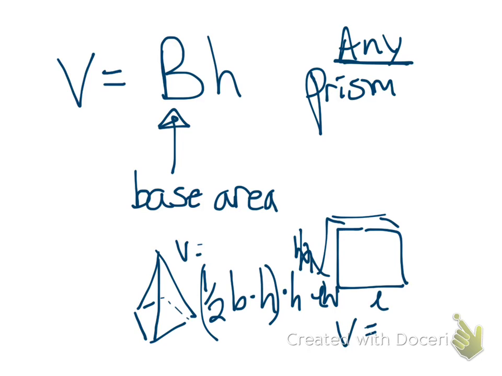My volume for the rectangular prism is length times width times height, because length times the width is the base area. My 1/2 base times height is my base area, so it's just base area times height. So let's do a practice of that. Okay, I'm going to draw out my shape.